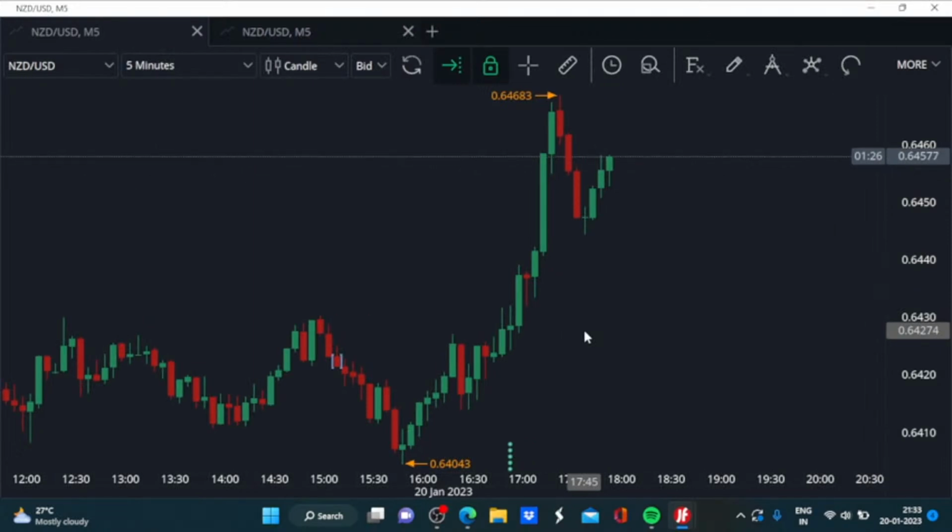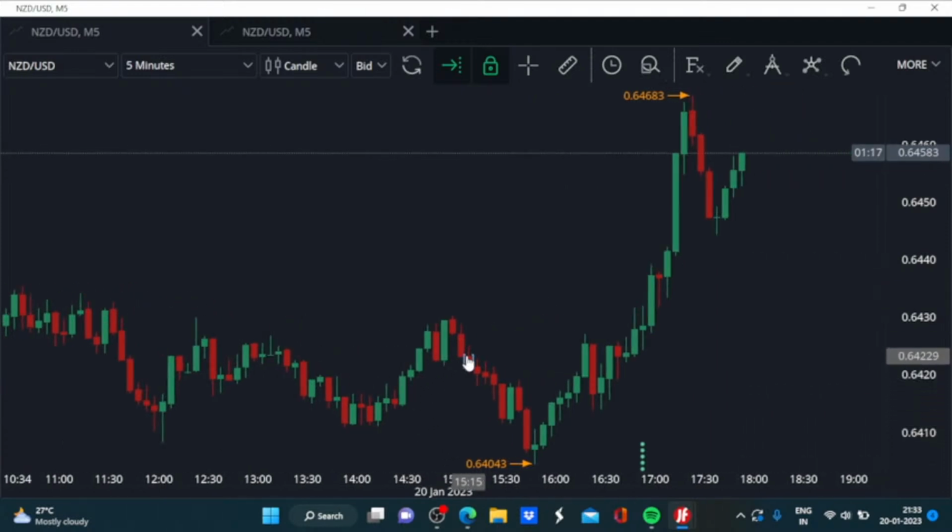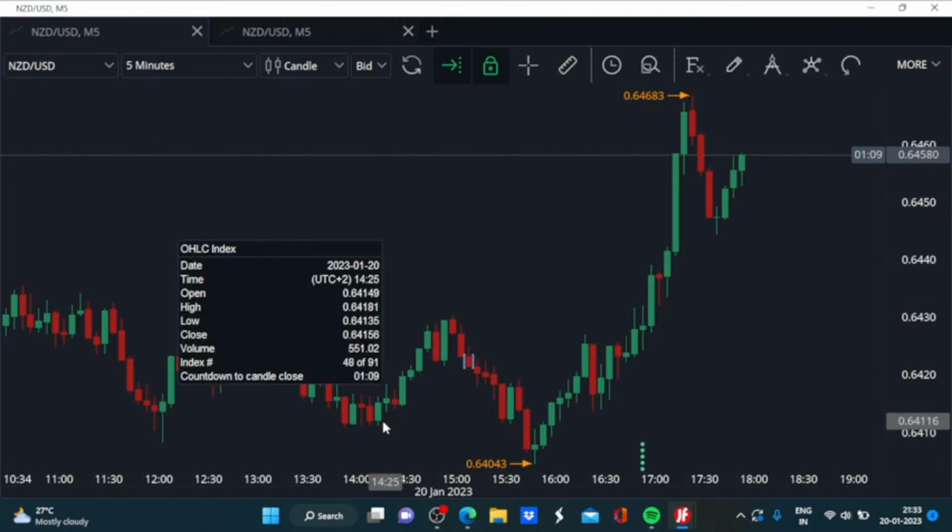Now coming to the bearish reversal using this pattern. This pattern happens in an uptrend.